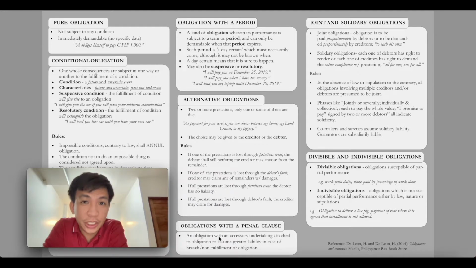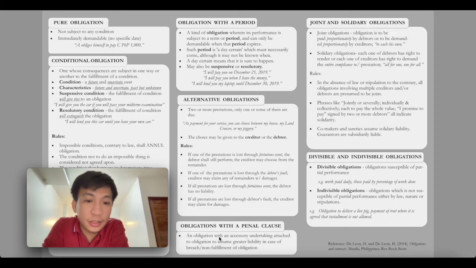Remember yung discussion natin last time with fortuitous event. Kapag fortuitous event, again, the obligation will be extinguished. Kaya lang kasi in this case, sa alternative obligation, kung isa lang ang nawala, it's not totally impossible to fulfill yung obligation niya. Meron pa namang other options.